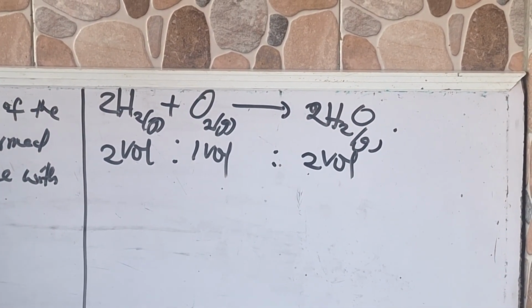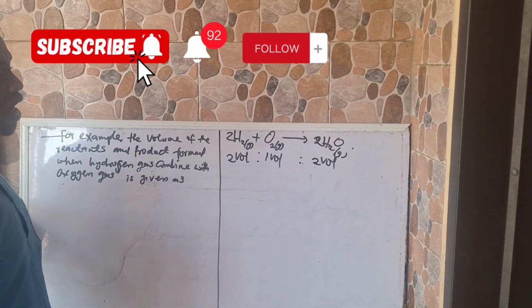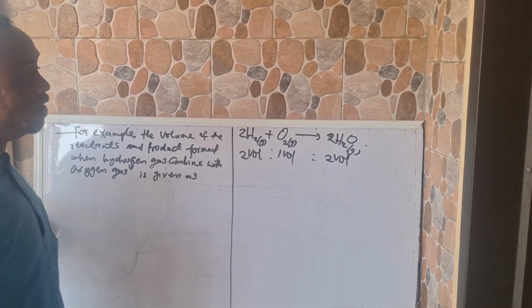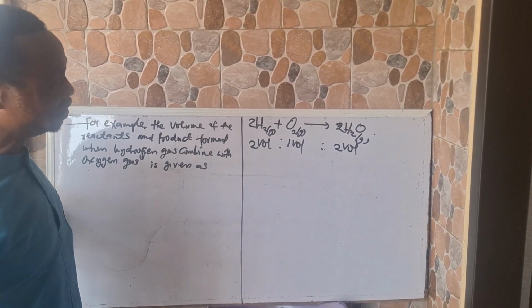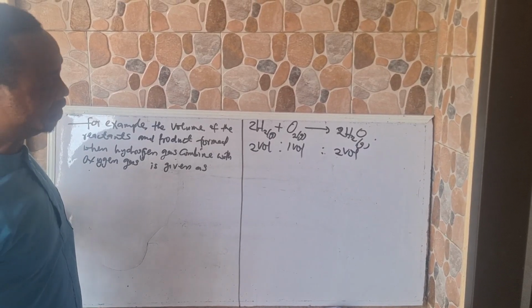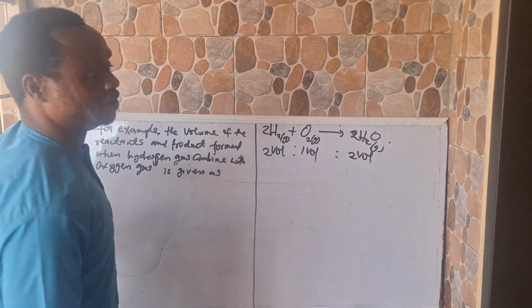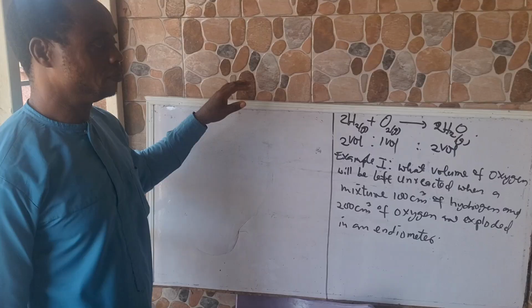Then from there, you are going to be given a problem, and you'll be asked to find the volume of the unreacted gas or the excess gas, and also the volume of the residual gases or gas formed. That's how we're going to start today's topic.